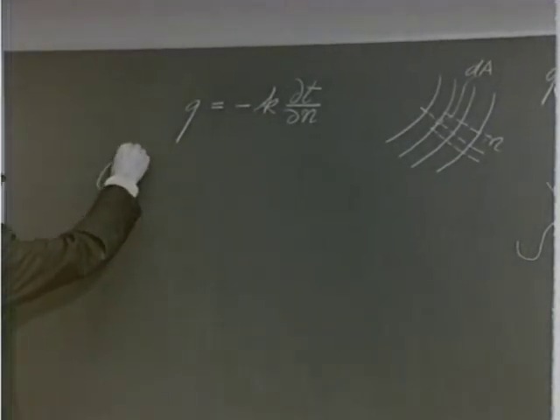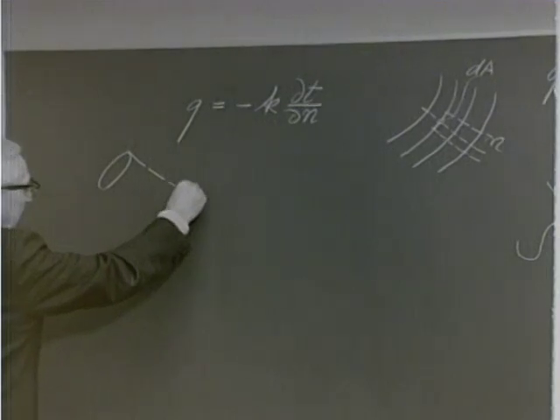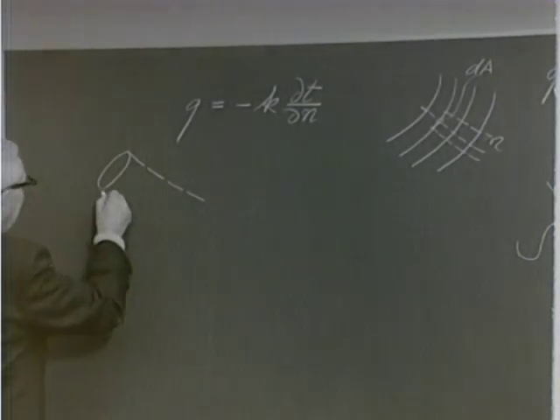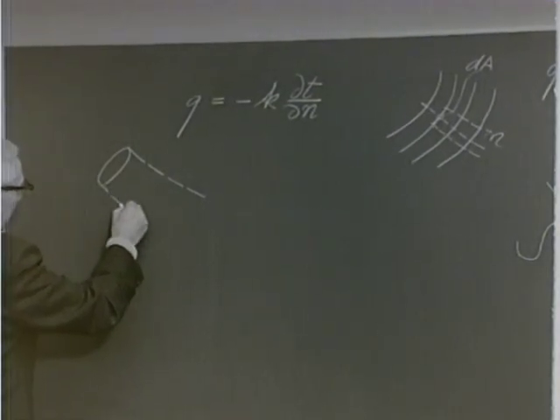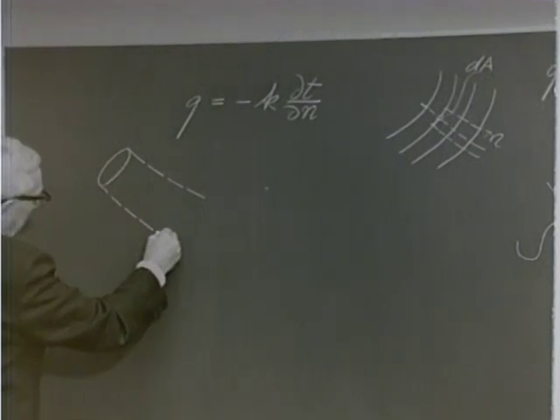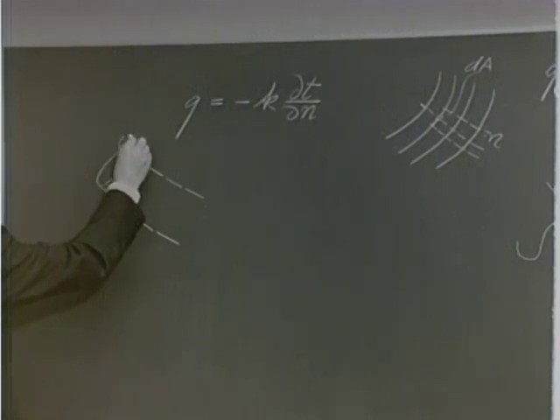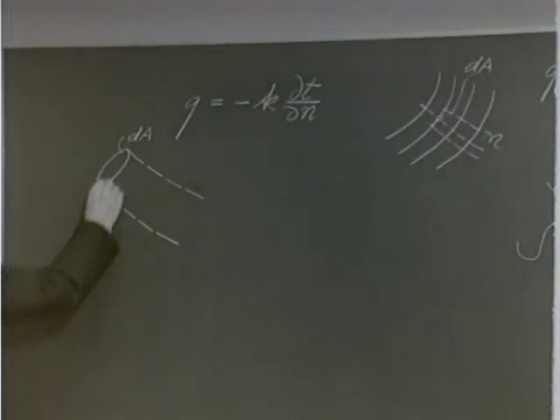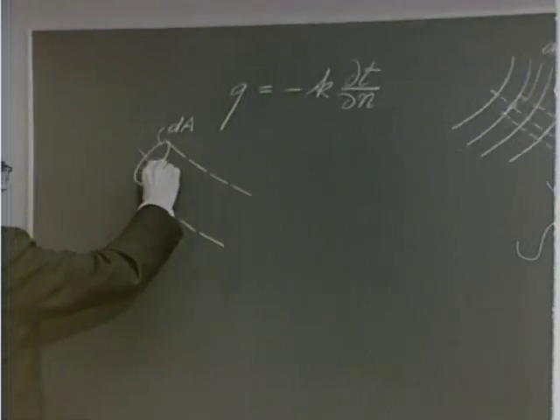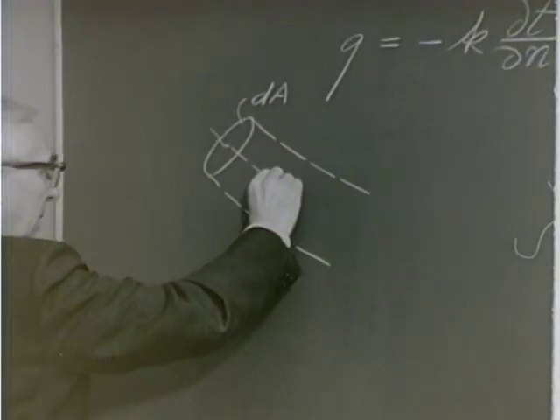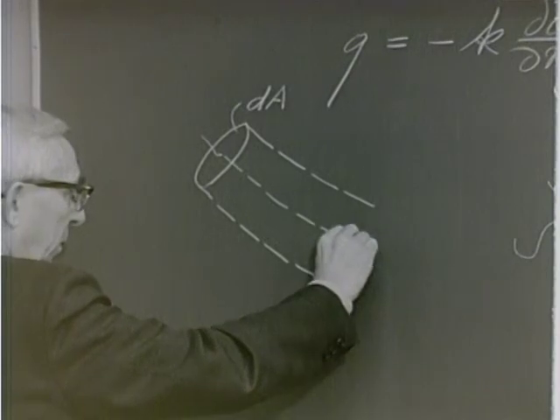Then these would be two of the many heat flow lines. This is the area element dA. We can pick out one heat flow line, which is the axis of our stream tube.